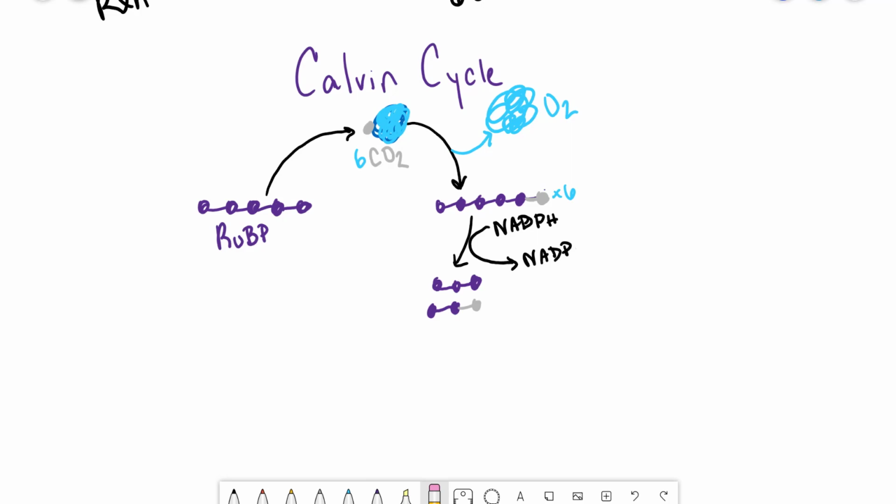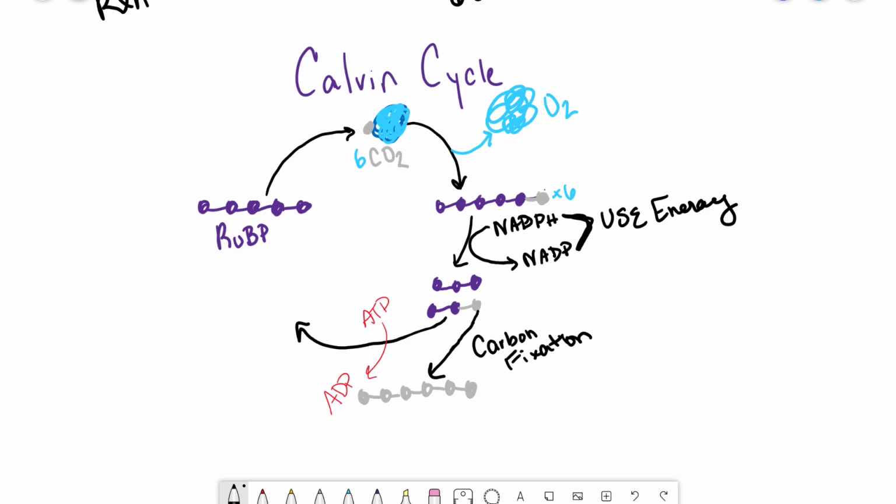All right, so then what we're gonna do is we are going to use energy. We're gonna take that NADPH and turn it back into NADP. And we're gonna use some energy and we're gonna cut this up in half, okay? So then what we do is we are going to fix the carbon. Remember I told you that there's 6 of these 5 carbon plus the 1 from the carbon dioxide. There's 6 of those.